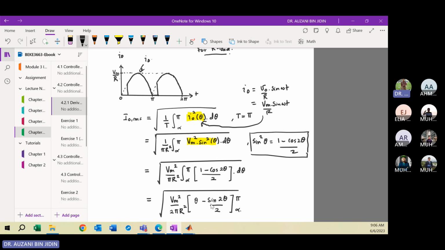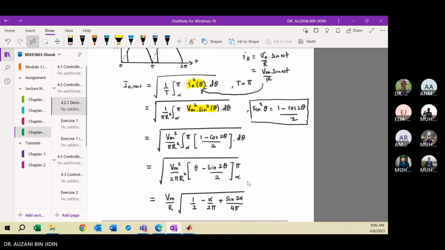This one you just apply the mathematics, because this is not the mathematics class, so you can refer to the related subject, engineering mathematics. You may need the rule of chain. Then you can further solve this one and finally you get the result. So this is how to derive the RMS output current. I believe this derivation process you have already learned in the power electronics subject last year.